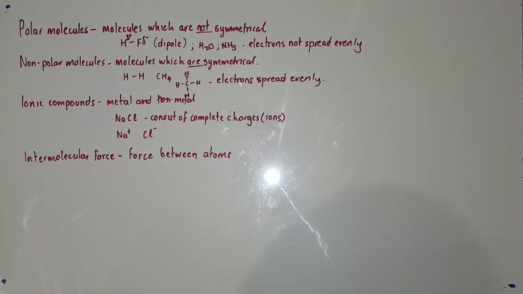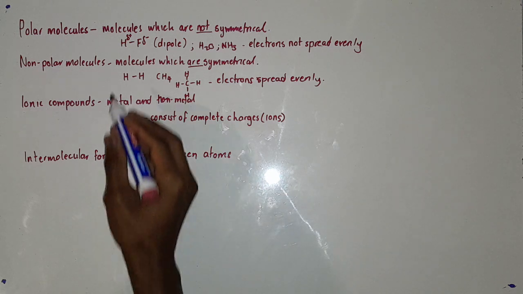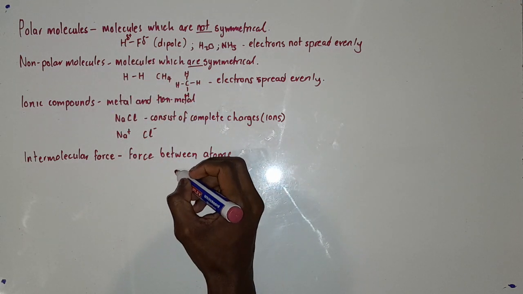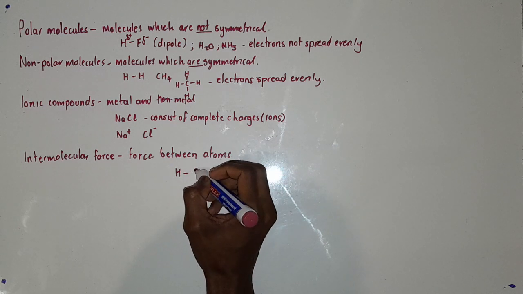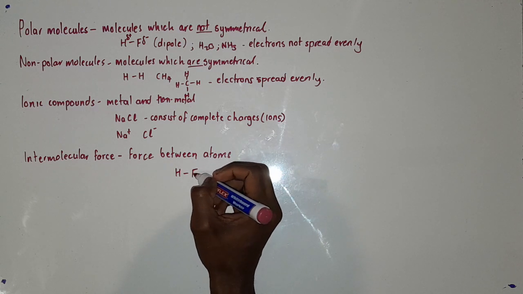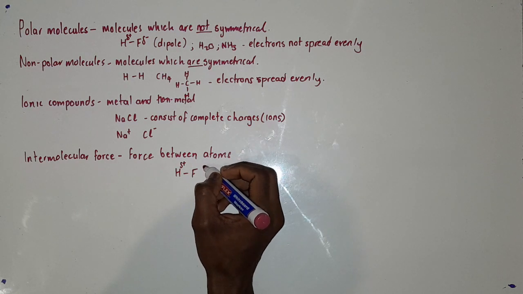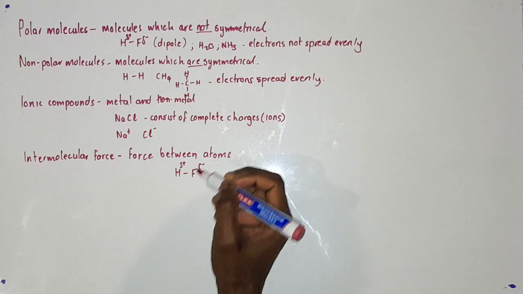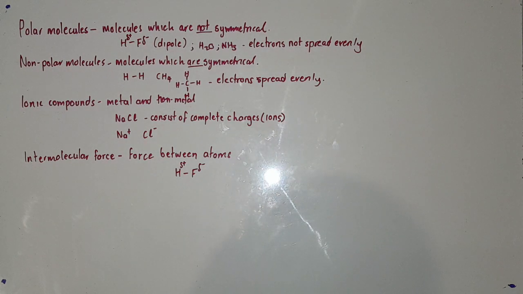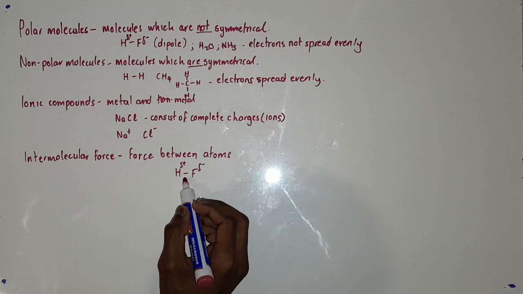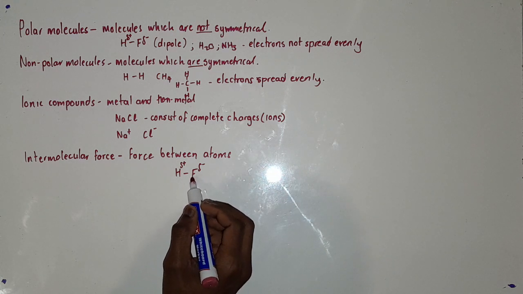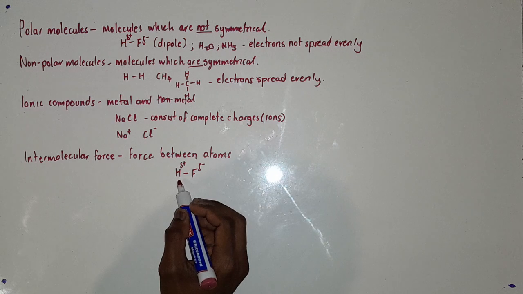Let me give you an example using a sketch. We saw there that HF is slightly positive on this one and slightly negative on this one, meaning most of the electrons are attracted to fluorine. Why? Because it is more electronegative compared to hydrogen.